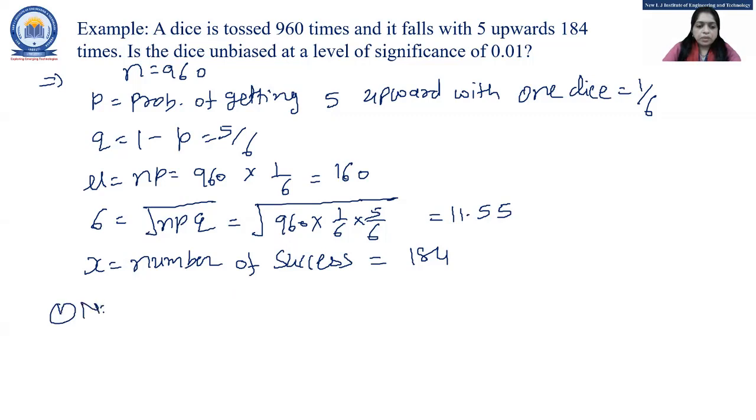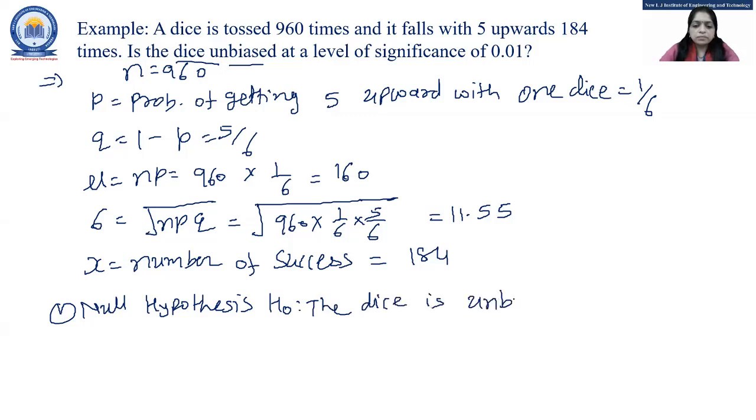Number 1, the null hypothesis, H naught. We have to check: is the dice unbiased? As we have to check that the dice is unbiased, our null hypothesis is the dice is unbiased. And number 2, the alternative hypothesis, that is just the complement of the null hypothesis.